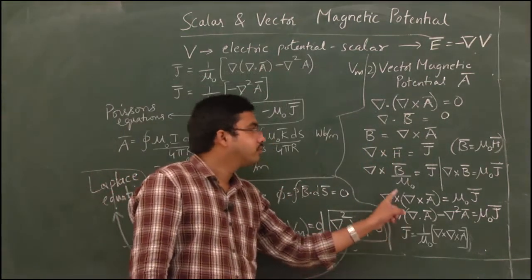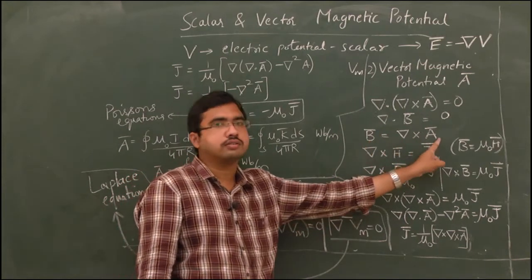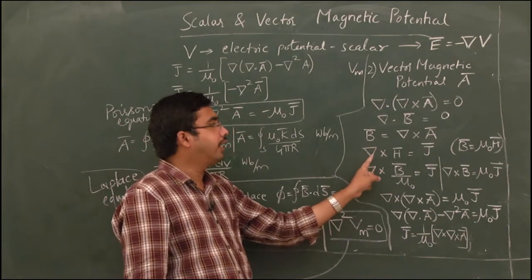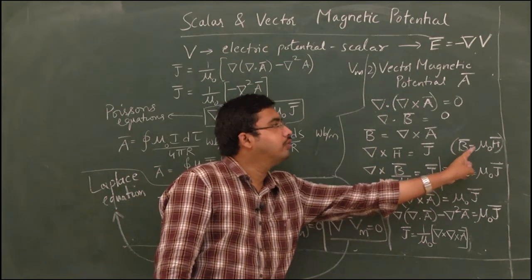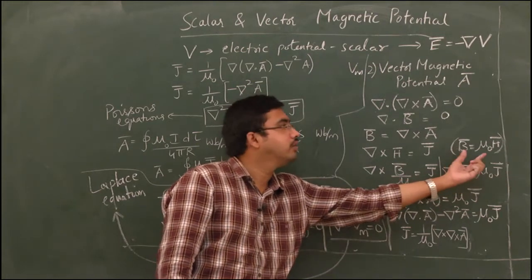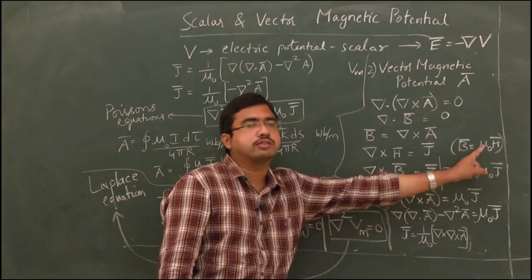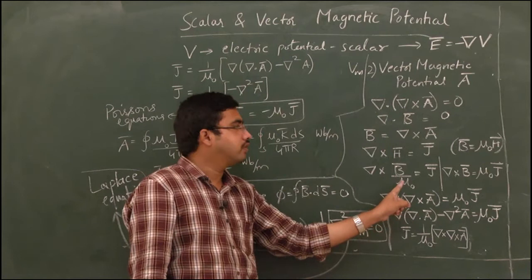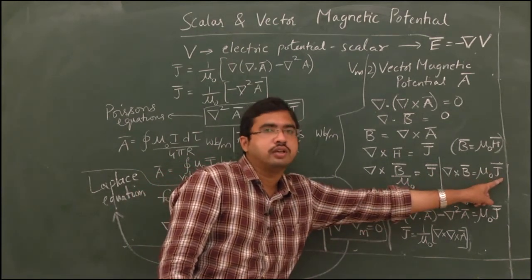So here on comparison we have obtained B bar is del cross A bar, and from the curl equation we already know that del cross H bar is equal to J bar. We know that B equal to mu H. B bar equal to mu naught into H bar. So in the place of H bar, what can you substitute? B bar by mu naught. If you send that mu naught that side, del cross B bar is equal to mu naught into J bar.